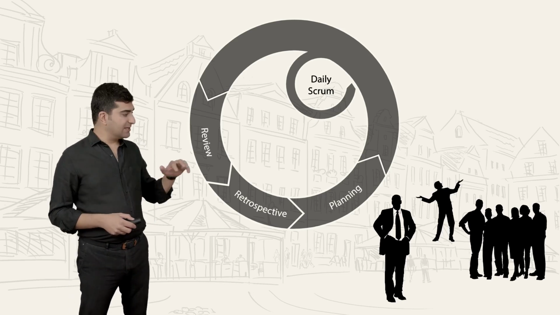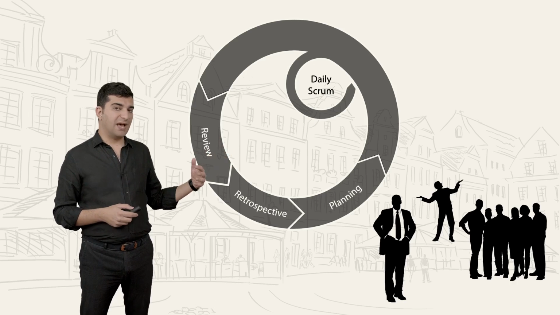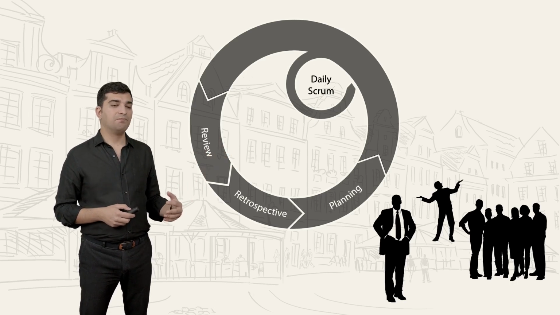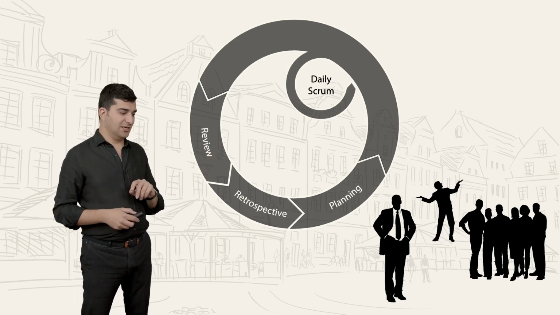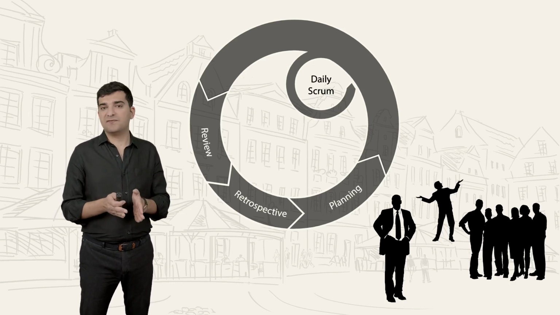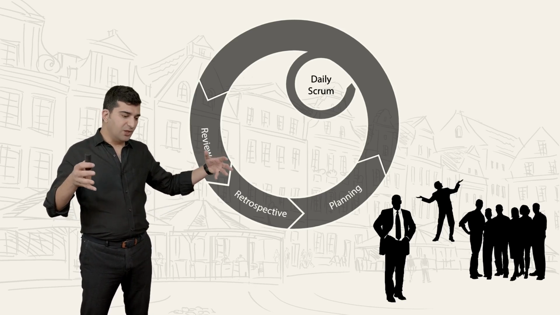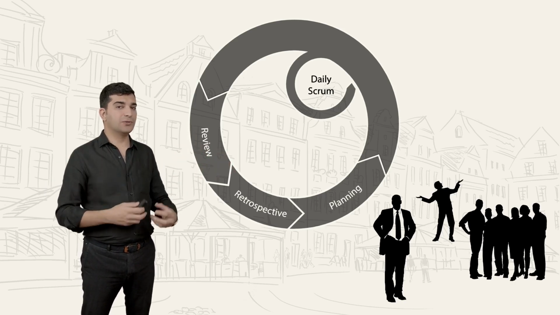Now, the point is that we don't have a specific event for product backlog refinement in Scrum, and the reason for that is that we don't need to do it at one specific time. We have a product backlog which is separate from our sprint backlog.